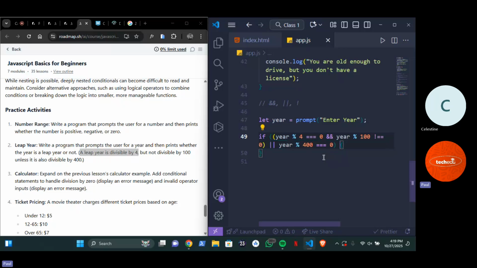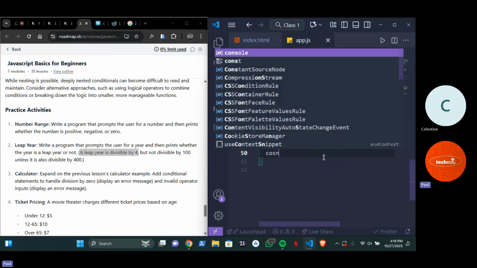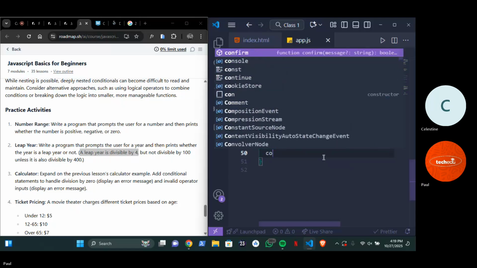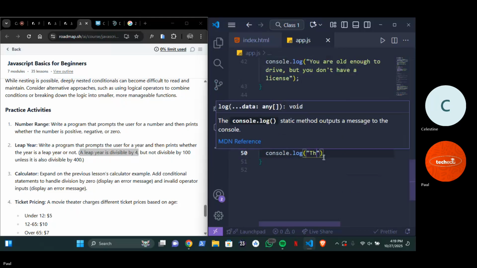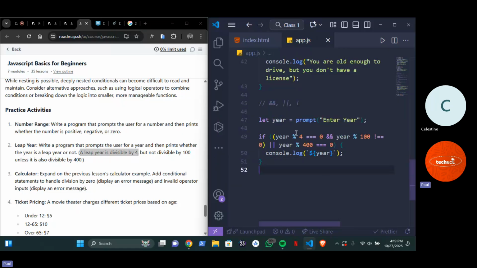Do you get it now? Now, if this is what you have, you want console.log. This, or let's use backticks. Here is a leap year.